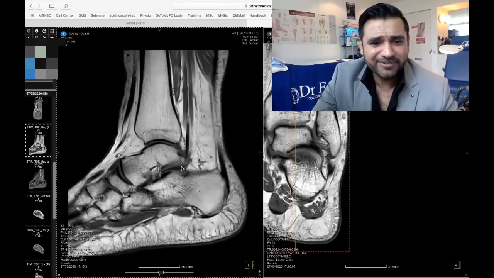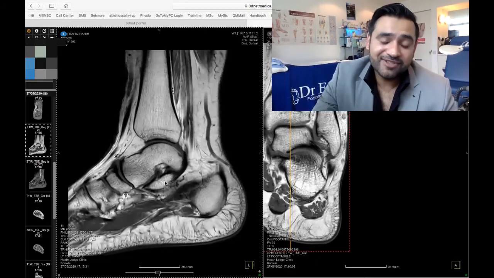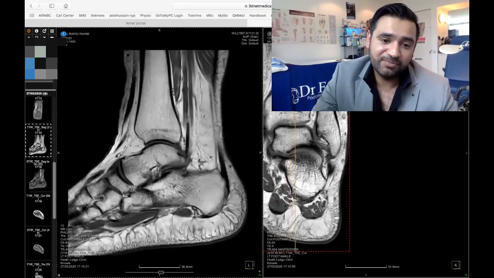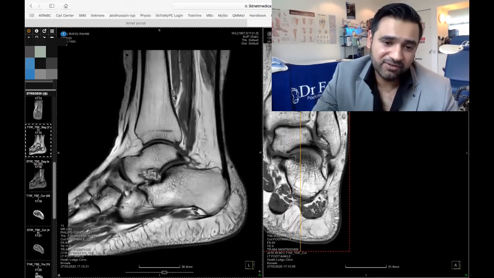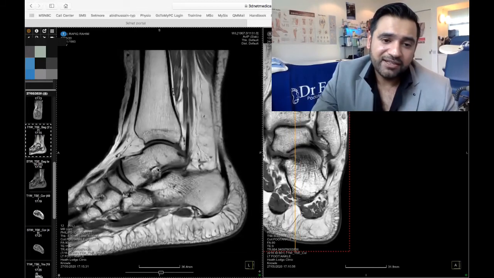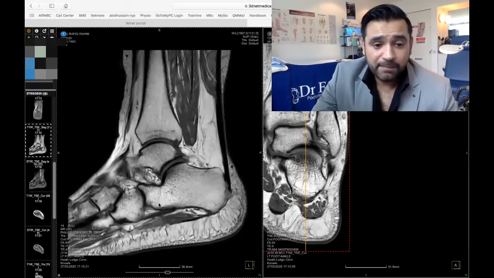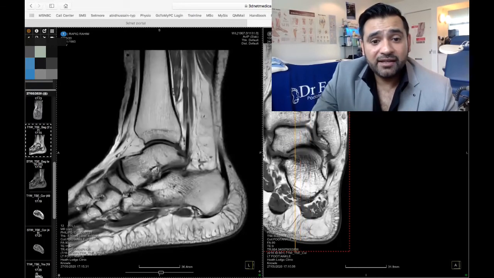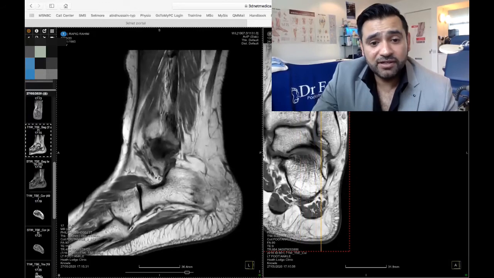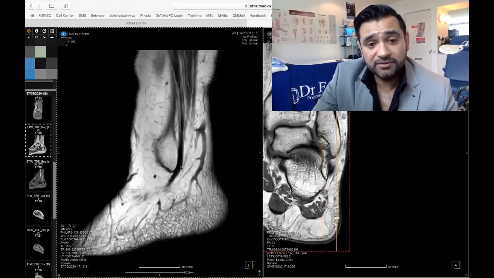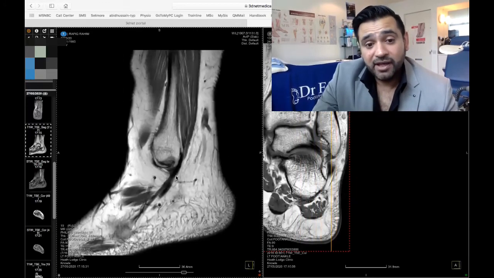I love MRIs. There's loads more structures here that I could talk about. You can actually see the spring ligament, or parts of the spring ligament here. The sinus tarsi is also a very important structure to be able to examine. There's a fat pad. And if you go more posteriorly, that's the peroneals, that's the fibula now, and you'll see where they split, which is going to be the peroneal tubercle.